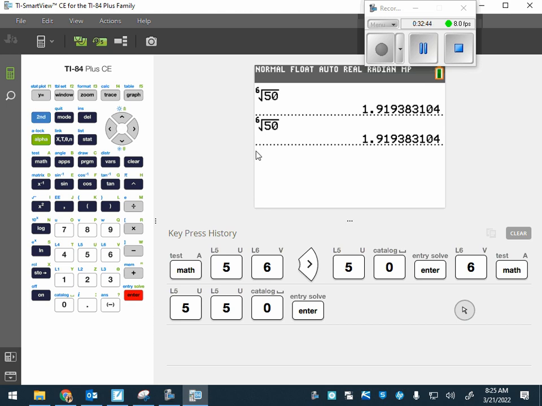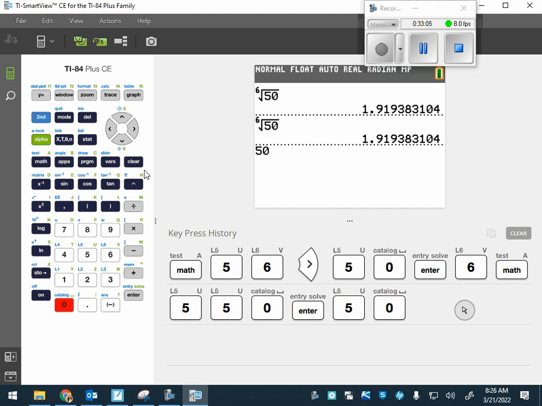Okay? But sometimes when I'm going through these types of problems, writing a different root takes too long. So what's another way I could write the 6th root of 50? 50 to what power? Yeah? Excellent.